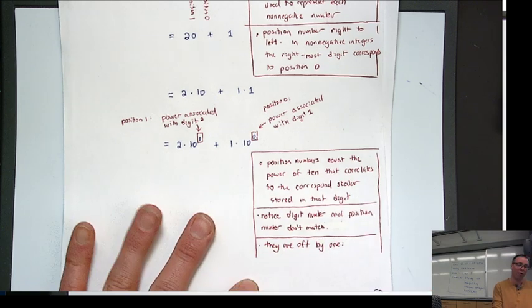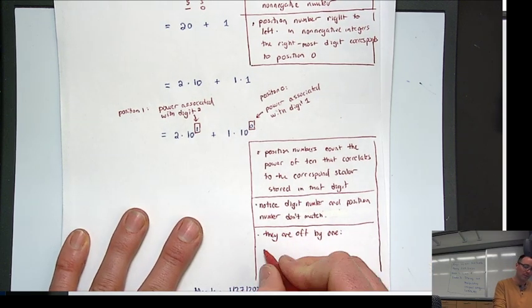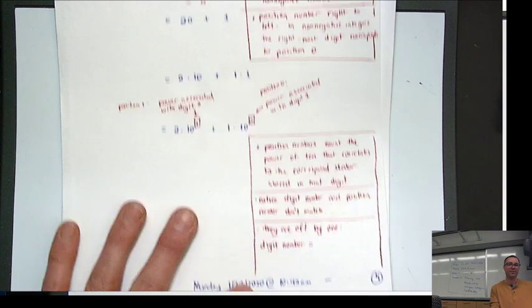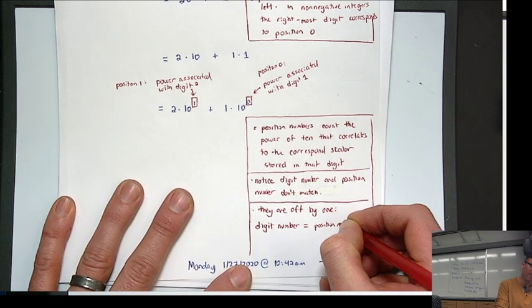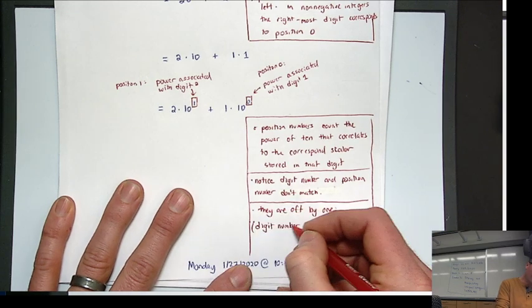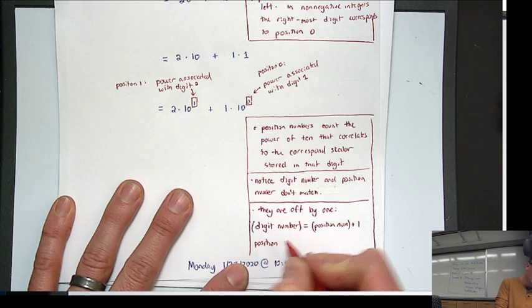Can you come up with a formula to relate them? Digit number equals what? Position number plus 1. And then one of you algebra specialists, I almost want to go to Art because I know that Art is now a professional algebraist.